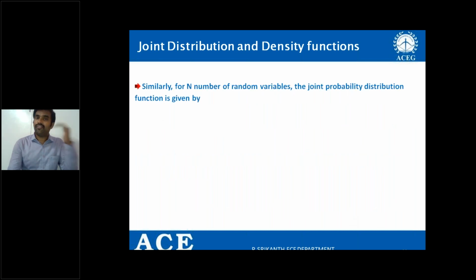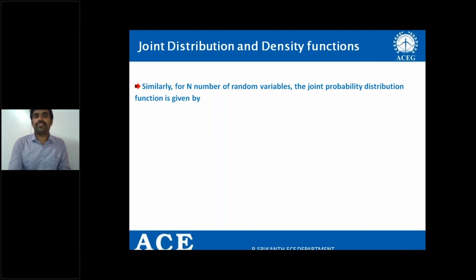Now if I have more random variables defined for any real-time experiment, not only two random variables, I can represent the distribution function like this.